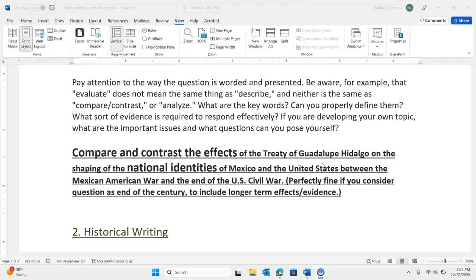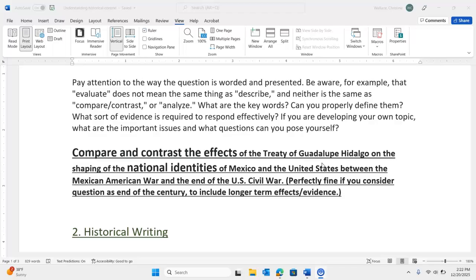You also can, and I'll enable a little bit of latitude at the end of the question. The question states, between the Mexican War and the end of the U.S. Civil War. So you're looking at the immediate aftermath in the decades following the Treaty of Guadalupe Hidalgo, and most of the sources you have do address that.